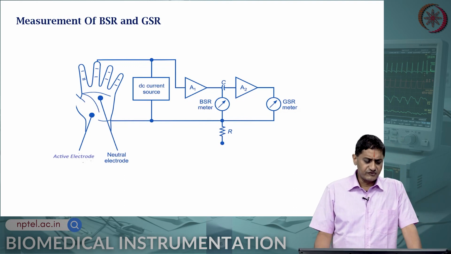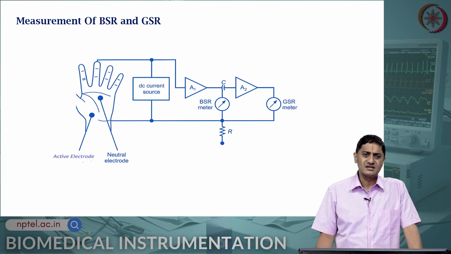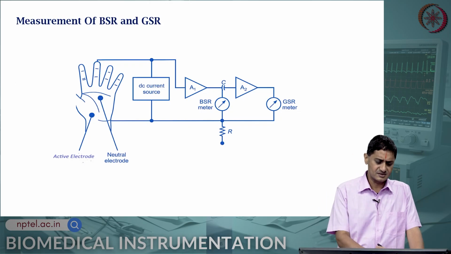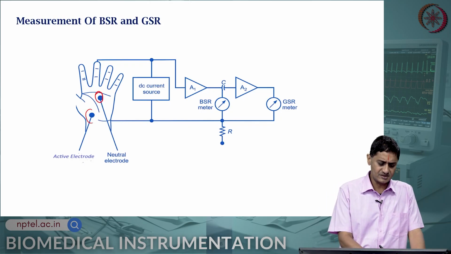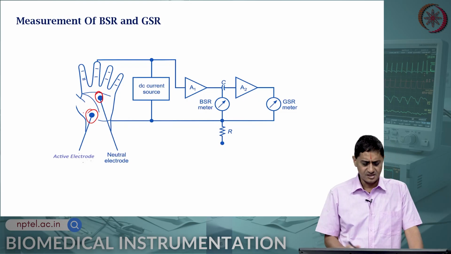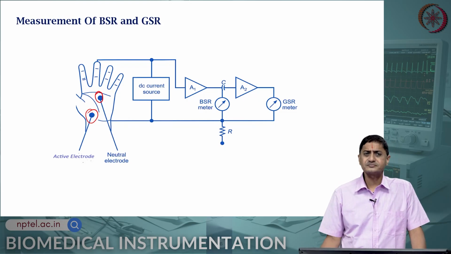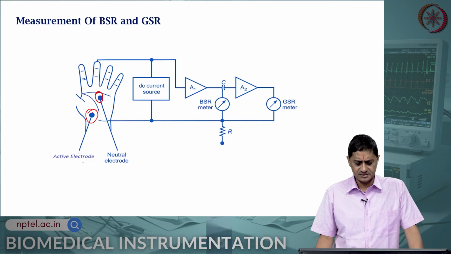Quite often GSR and BSR are measured using a neutral electrode placed on the palm and the active electrode placed in this location, and there is a DC current source.